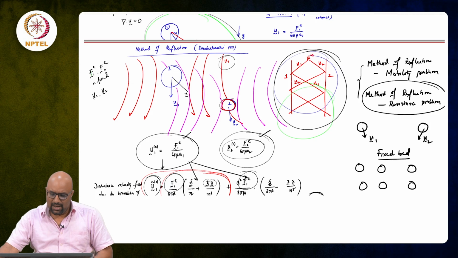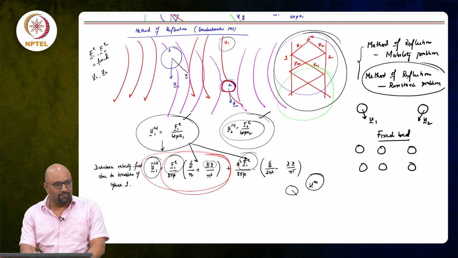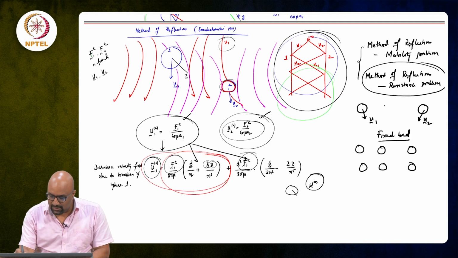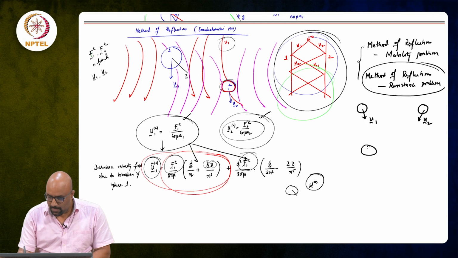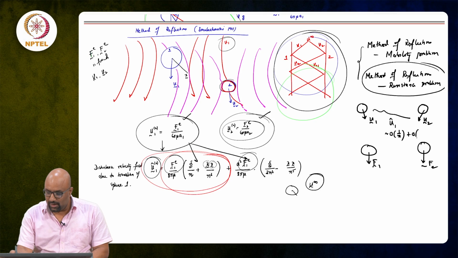Okay. So, this requires just a little bit of work with the reflections, and all you have to do is consider these two problems. In each of these cases, the disturbance that it creates obviously has order 1 over r plus order 1 over r cube.